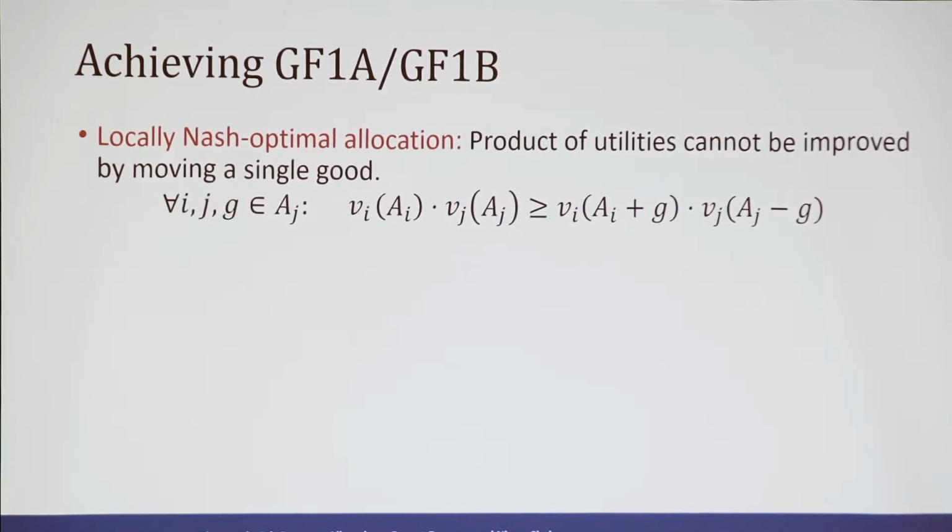One thing that we can do is we can actually take any locally Nash optimal allocation. So a locally Nash optimal allocation is one where it's rather obviously the local optima of this Nash welfare function. It's where the product of utilities cannot be improved by switching a single good. Right, so the product of utilities vi(Ai) times vj(Aj) is bigger than it would be if we transferred a good g from j to i.